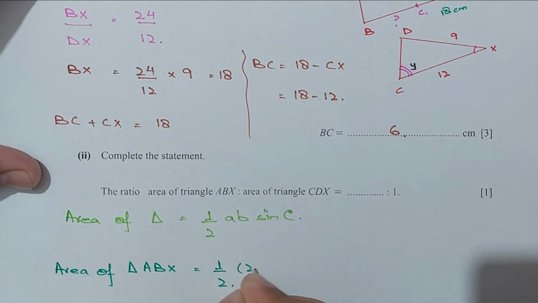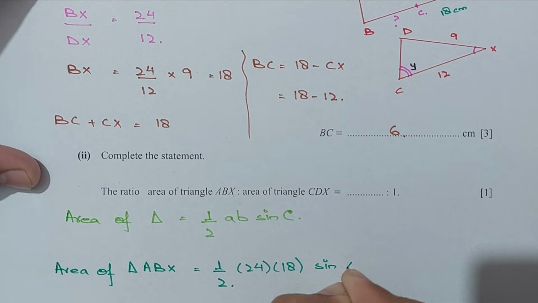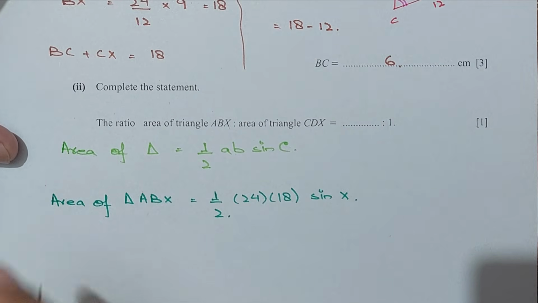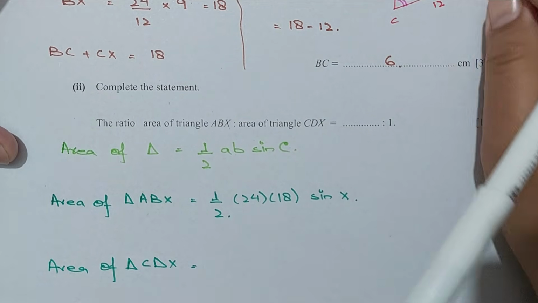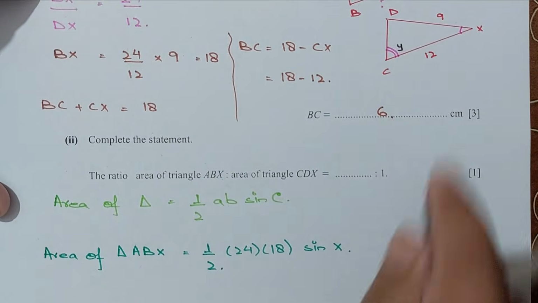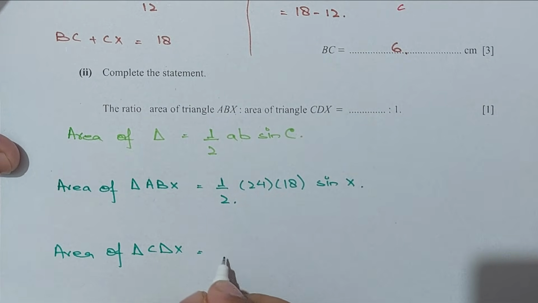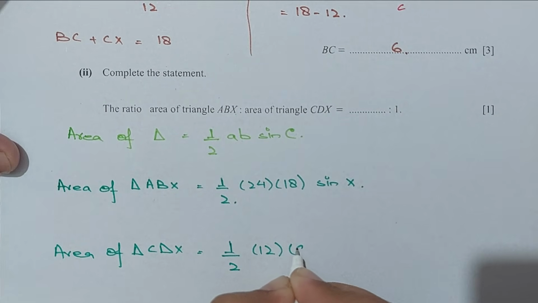So the two sides are 24 and 18 and sine of angle X, right? And what is area of triangle CDX? These are the two sides, 12 and 9, and the angle X is common, right? So we can say 1 by 2, 12 into 9 sine X.